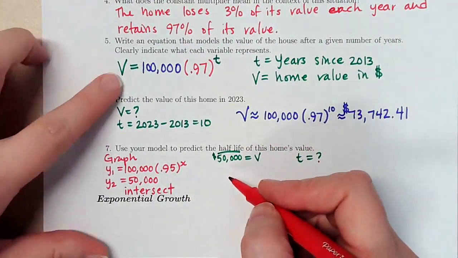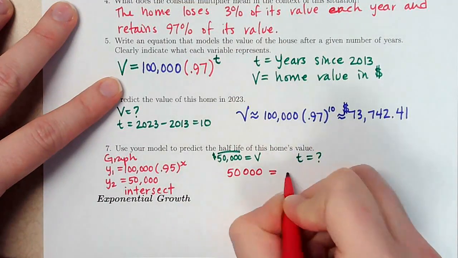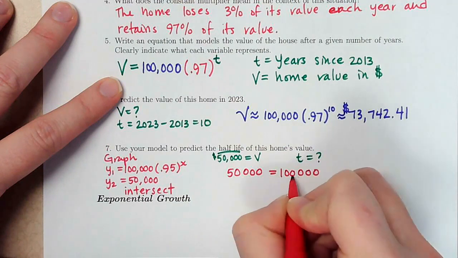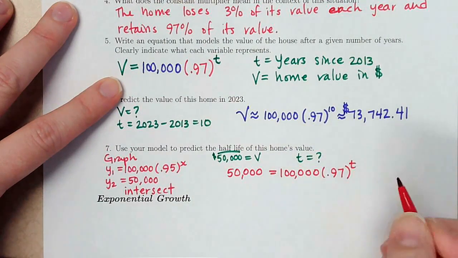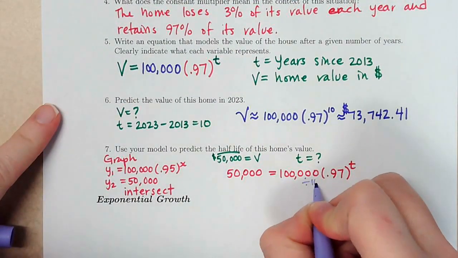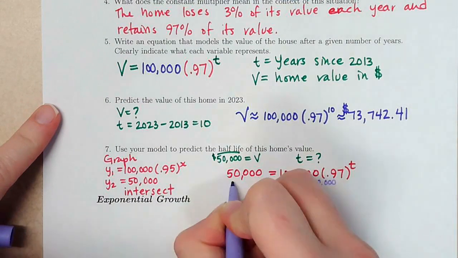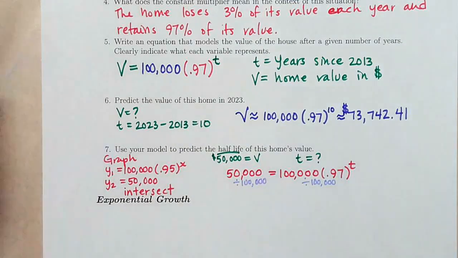I'm going to try the equation here. So 50,000 is equal to 100,000 times 0.97 to the T. Divide both sides by 100,000, which should end up giving you a half, because hence the half-life.